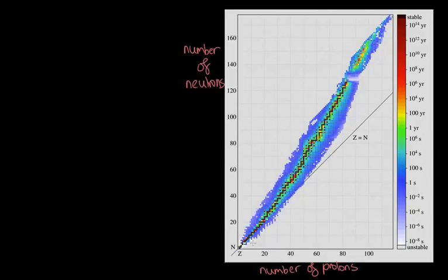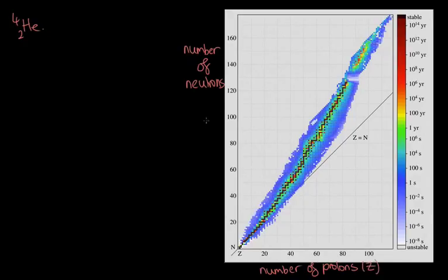Now you can see for low mass isotopes, such as say helium, in helium, remember we've got 2 neutrons and 2 protons. You can see the stable isotopes for helium lie along this line here, where Z is equal to N, the number of neutrons is equal to the number of protons.